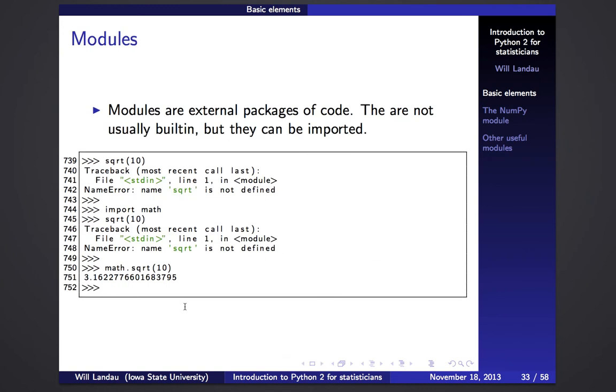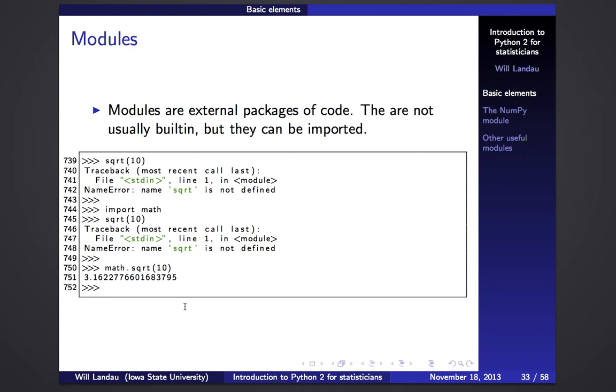On to modules. Modules are external packages of code. They're not usually built in, because you don't want Python's native code to be too bloated. Otherwise, Python would take a long time to load.